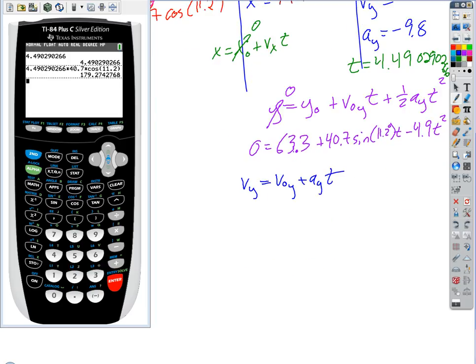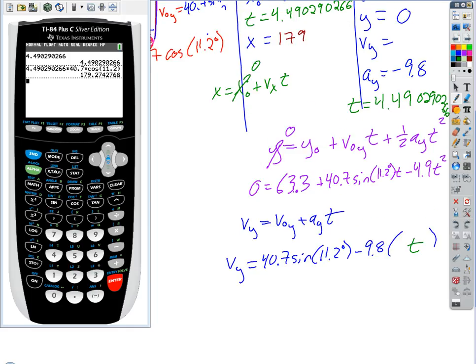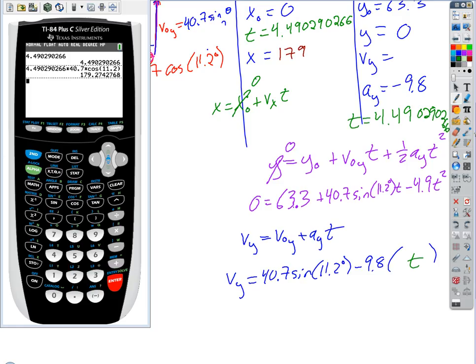Well, we know that stuff. That's equal to 40.7 sine 11.2 degrees plus negative 9.8 t, right? So minus 9.8 times t, that big long number. We'll check that number. Right, so what do we get?